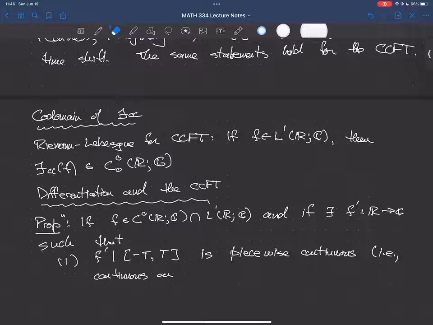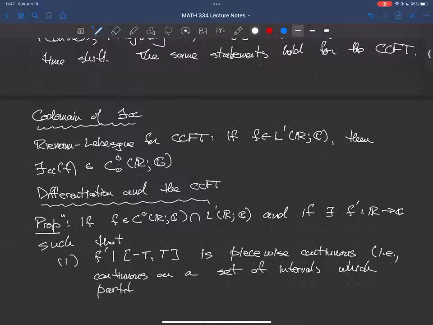And so if I haven't, I should say something moderately coherent here about what piecewise continuous is. It means continuous on a set of intervals which partition T.